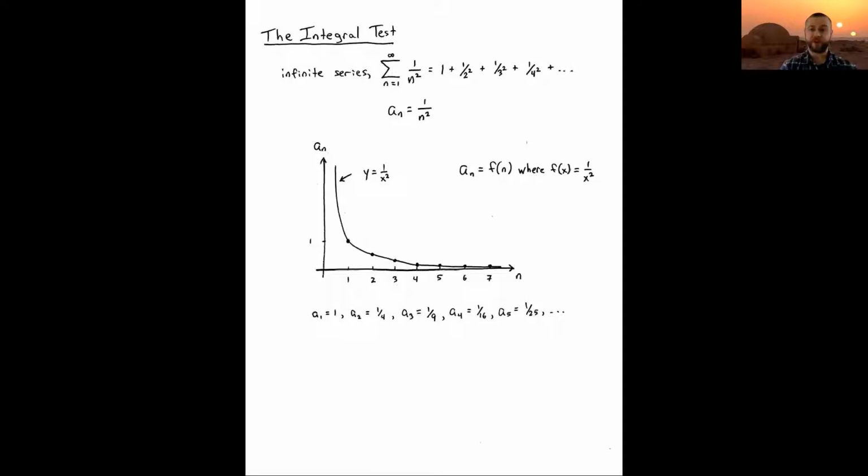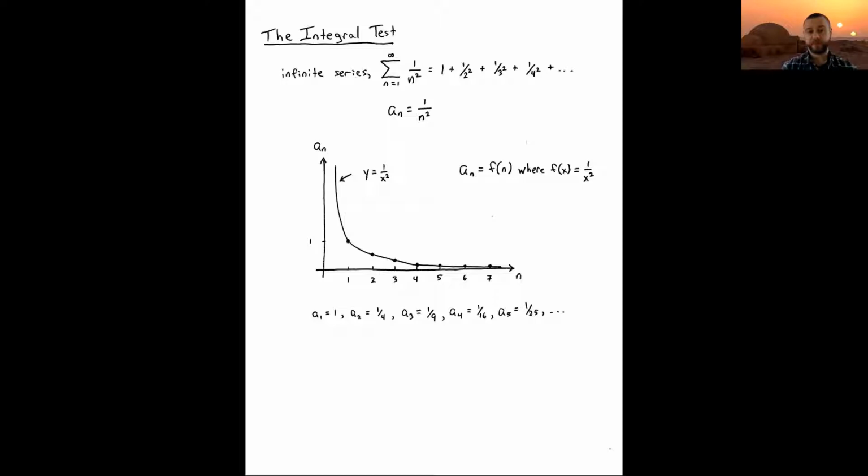Since our terms come from the form 1 over n squared, we might see this being related to the function f of x defined as 1 over x squared. Basically just replace x with n and we get our general term.